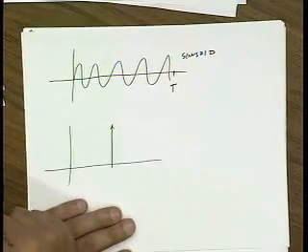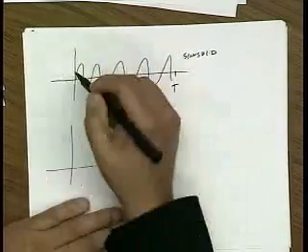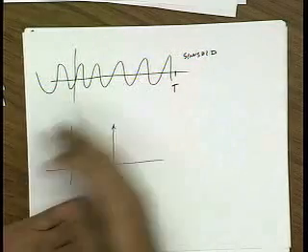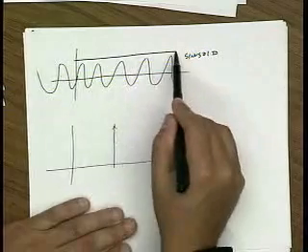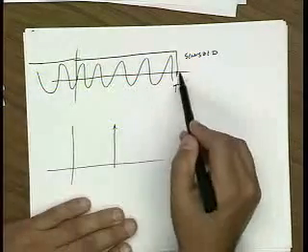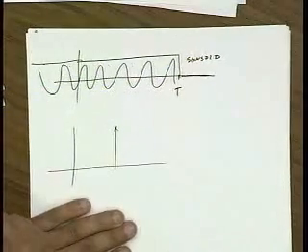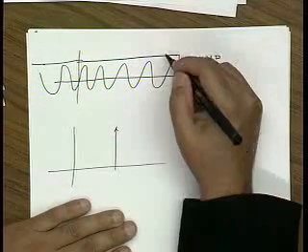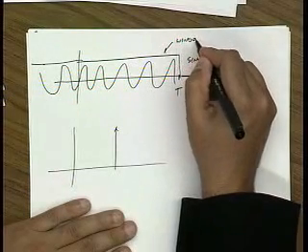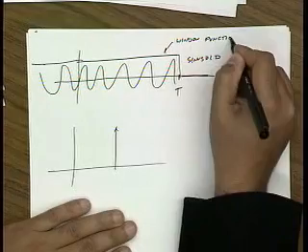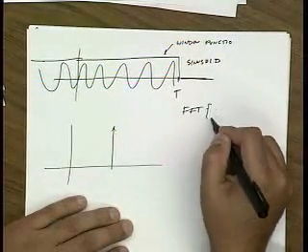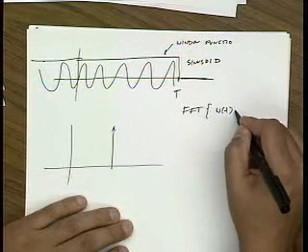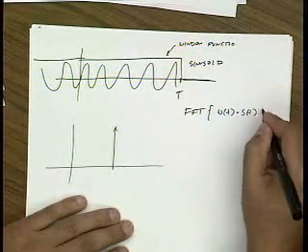Okay. Now mathematically that's equivalent to taking your original sinusoid for all time and multiplying it by a window function that basically cuts off at time t, right? So this is the window function. Now, so that means that what you're really doing is you're taking the FFT of your window times your signal.